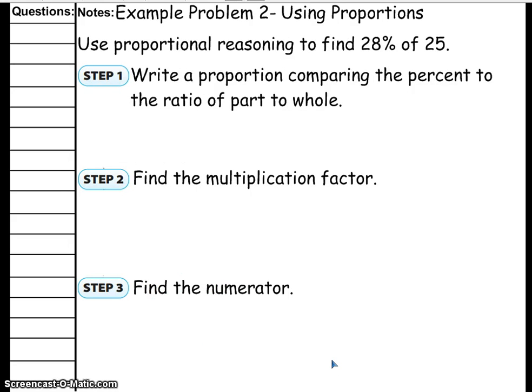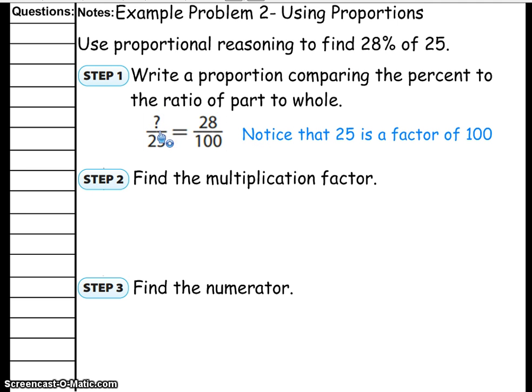Example problem 2, I'm going to show you again using proportions. So we're going to use proportional reasoning to find 28% of 25. First, write a proportion comparing the percent to the ratio of part to whole. So we set up our 28% as a fraction, 28 over 100, equal to what of the whole 25? So notice that 25 is a factor of 100.